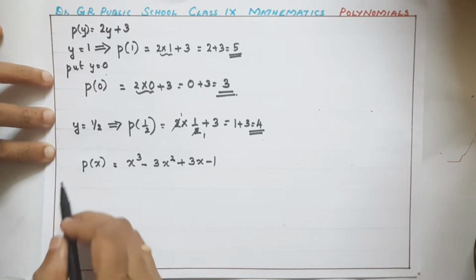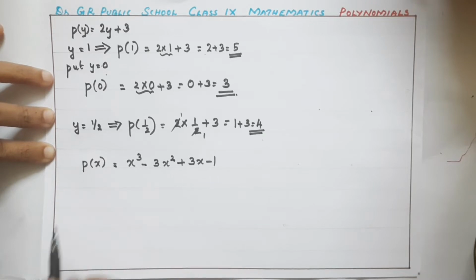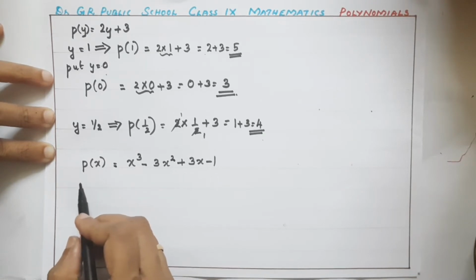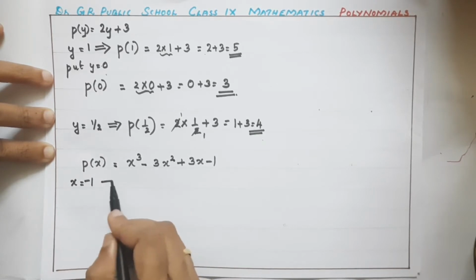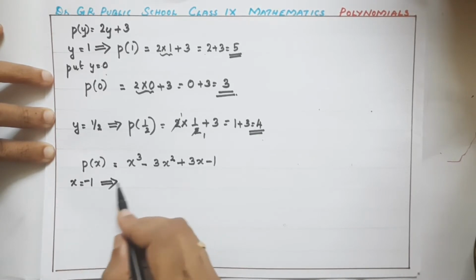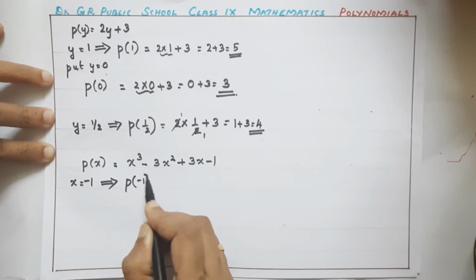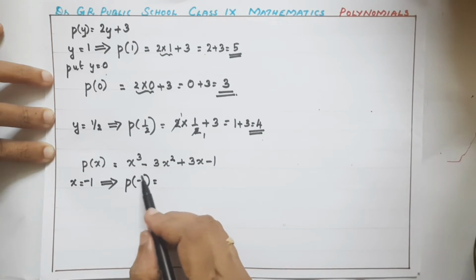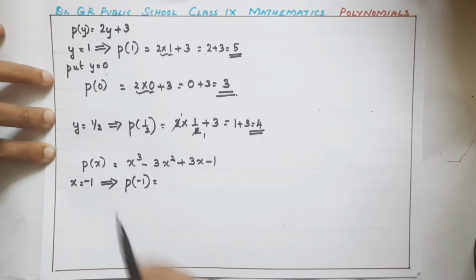Okay children. So if we are putting a negative value for x, suppose x equal to minus 1. So what will we get? Let us verify. P of x can be written as P of minus 1 equal to. So in the place of x we have to put minus 1.